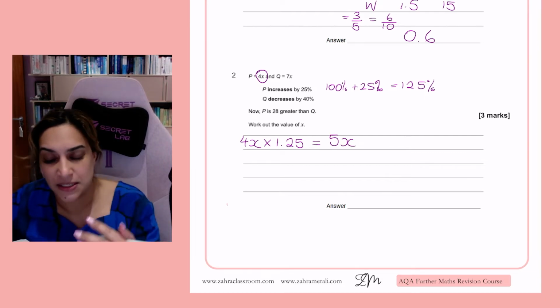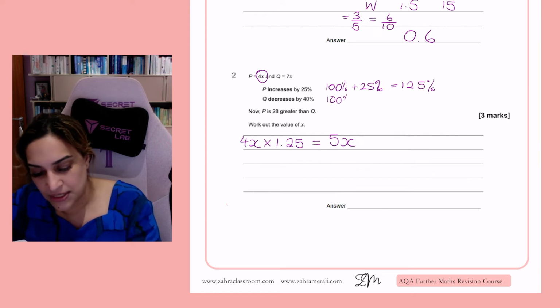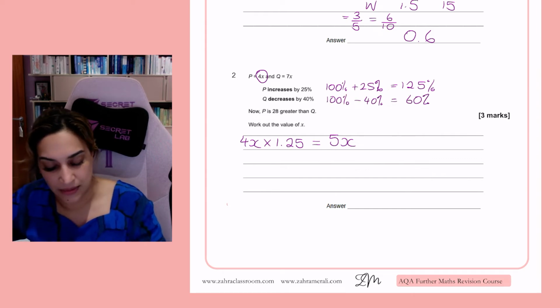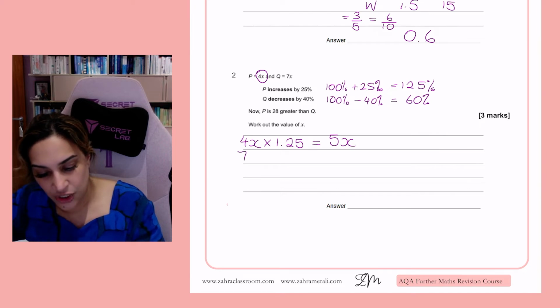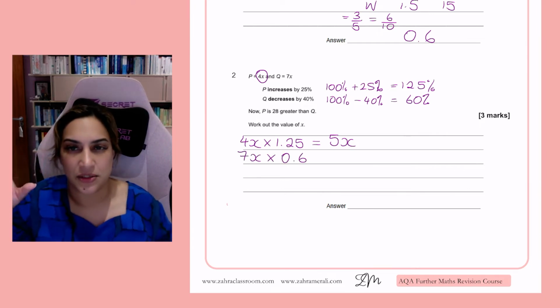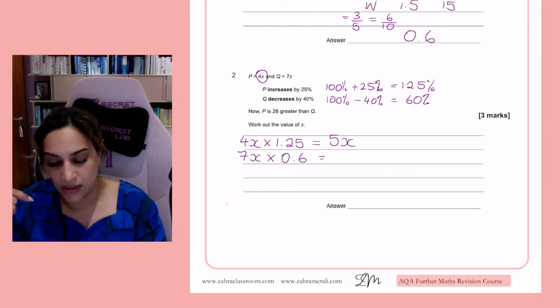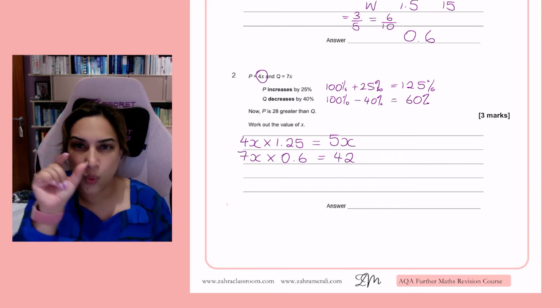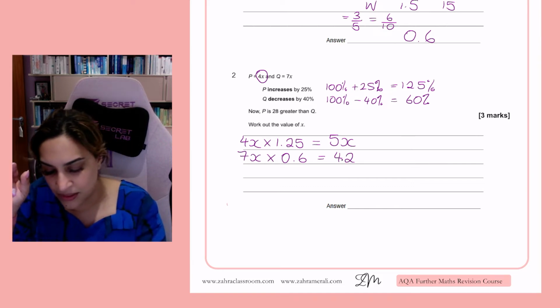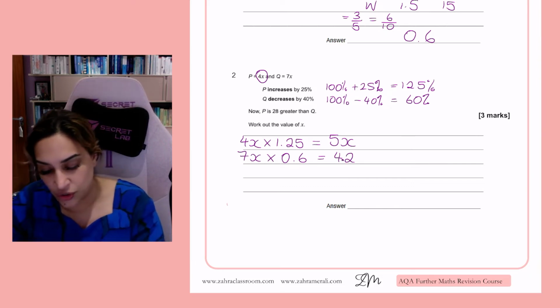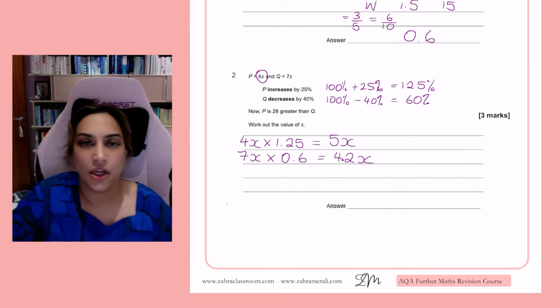Q decreases by 40%, so instead of adding, we're subtracting. We end up with 60%. So we're taking our Q of 7x and multiplying it by 0.6, because we're taking that 60% and dividing by 100. We could do 7 times 6, which gives us 42. There's one number behind the decimal place, so we need to divide it. So 4.2x.